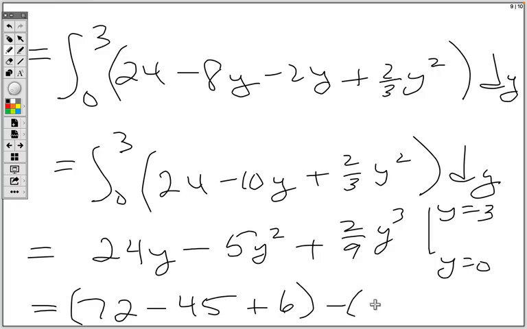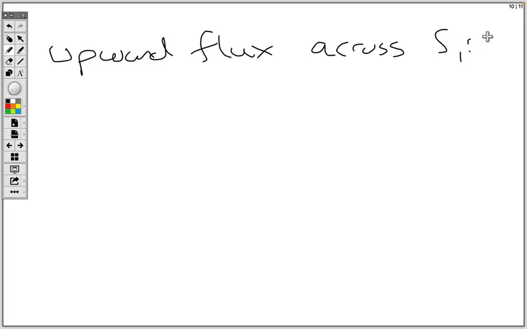And when you plug in 0, you just get a bunch of zeros. So when the dust settles, what's the upward flux across S1? 33. That sounds right. So the upward flux across S1 is 33. Now we just have 3 more sides to do.